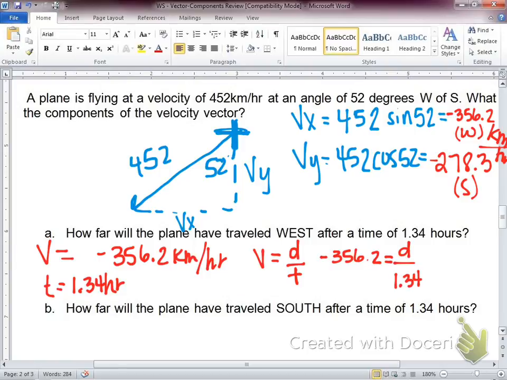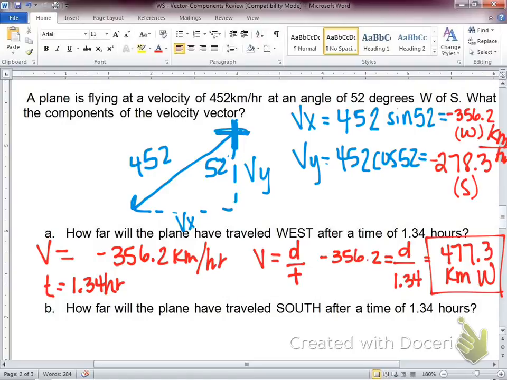Multiply them. We multiply. Okay, and if our displacement vector comes out negative, what's that tell us? Yeah, it's going west. Good. And I got about, let's see, Isaac, what'd you get? 477.3 kilometers west. Okay, there's our final answer.